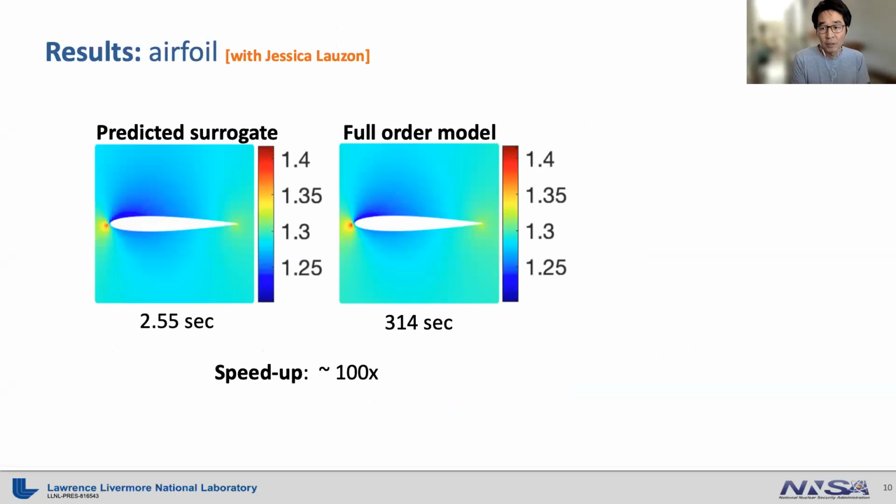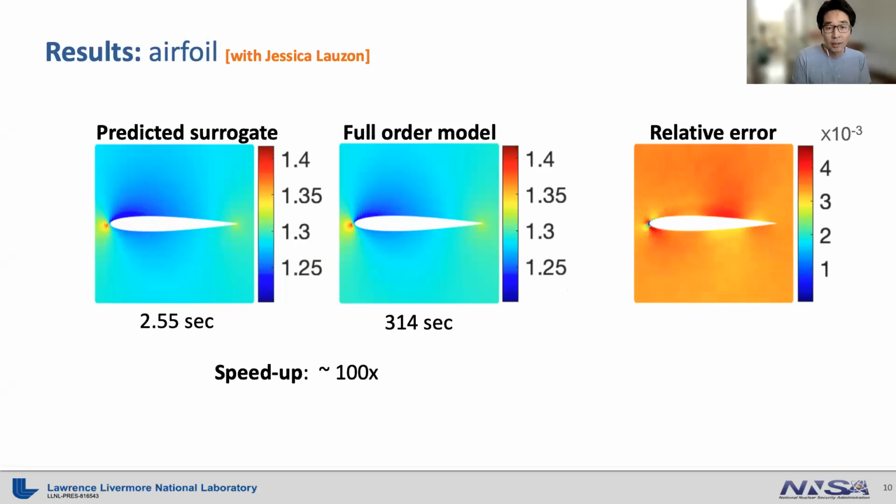Here are some numerical results comparing the full order model solutions and the black box surrogate model using the linear multi-step neural network. As you can see by eyeball norm, they are very similar, but at the same time, the surrogate model was able to generate the solutions within 2.55 seconds, and the full order model took 314 seconds, which gives us a speedup of 100.